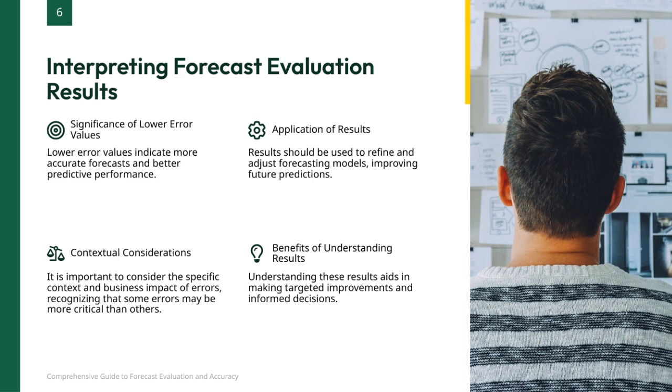At the same time, context is crucial. Not all errors carry the same weight. Some might have a bigger impact on the business than others. So understanding the specific situation helps prioritize what improvements matter most. Ultimately, by thoroughly understanding these evaluation results, we can make smarter, more targeted decisions that drive meaningful improvements in forecasting accuracy.